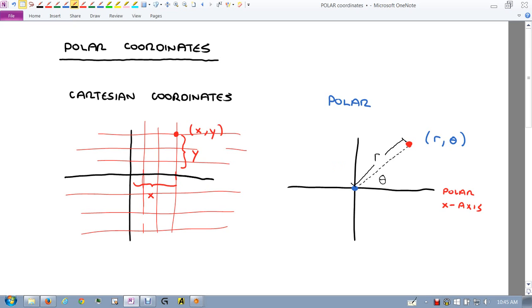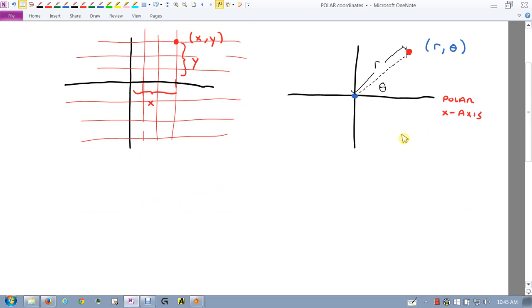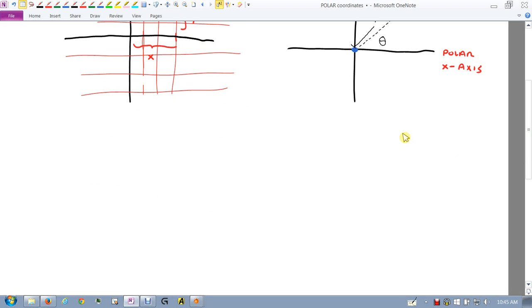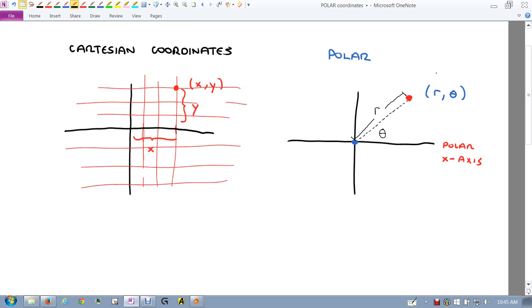So if I give you those 2 pieces of information, you should be able to get to that same point, right? Questions? These are called your polar coordinates. The center of the graph, which we call the origin in previous classes in Cartesian, we call the pole.